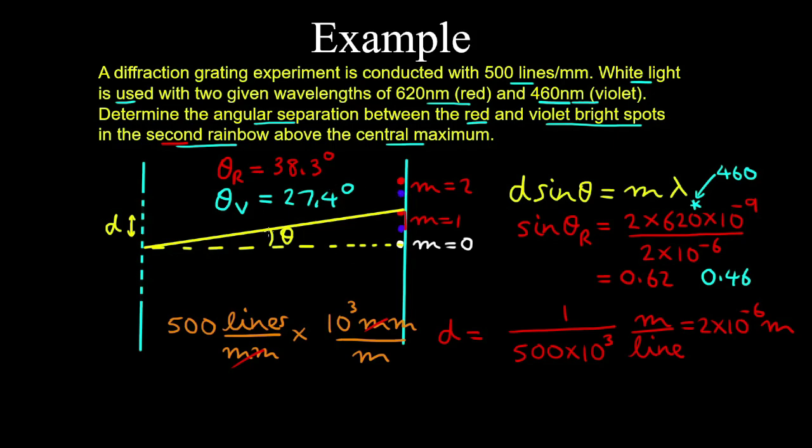And therefore the angular separation between the red and violet spots is the difference between the two angles, which is around 11 degrees. And this is not drawn to scale, so if you do the same calculation for m equals 1, the angular separation between these two spots is going to be smaller, given the rainbow gets dispersed more as we move away from the central maximum.